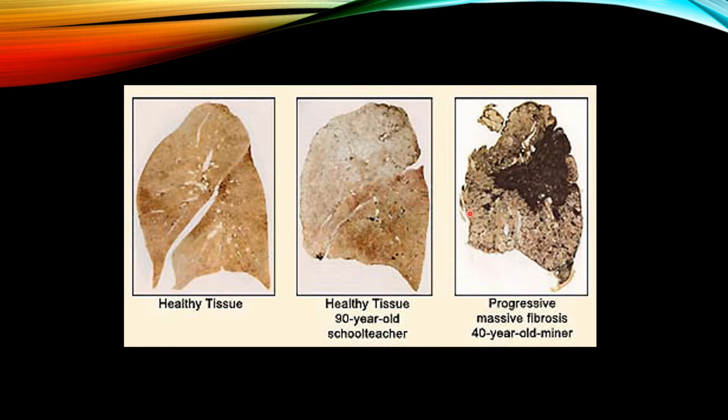You do not need to be a pathologist or an anatomist to see that there's something wrong with the figure on the right. The color is wrong, the shape is wrong, right? You can see there's fibrosis over here that is colored differently, right? So this is a pathological condition that is caused by the job.